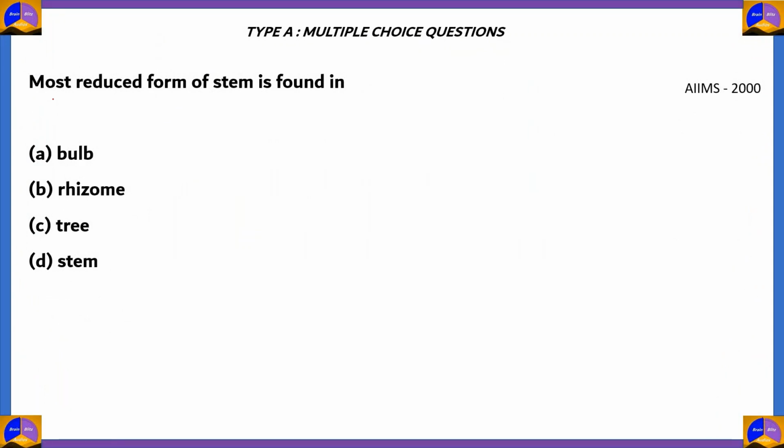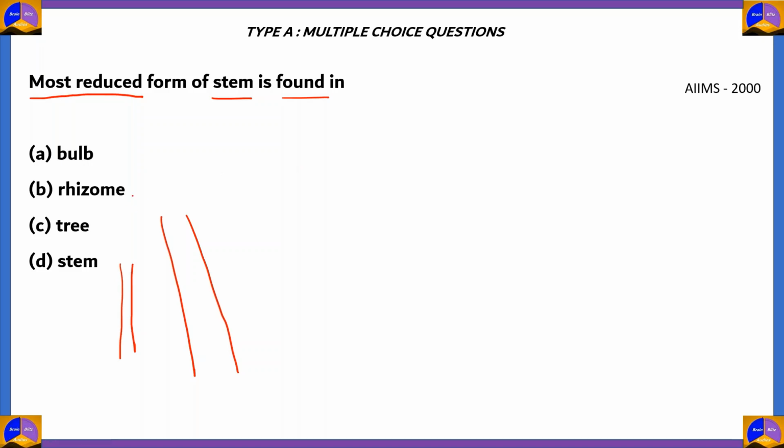Next question. The most reduced form of stem is found in A, bulb, B, rhizome, C, tree, and D, stem. Let's look at each of our options. A stem is the long pointy shoot. And in trees, the stem is even taller with thicker rings.